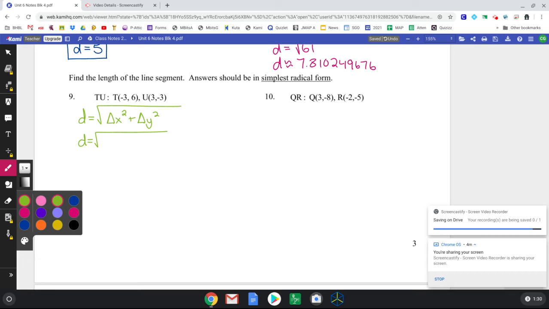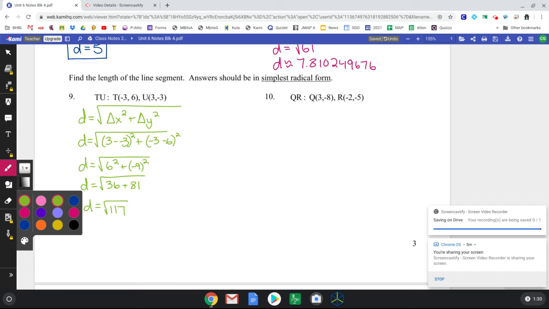Plugging my numbers in, I've got 3 minus negative 3 squared plus negative 3 minus 6 squared, which is going to leave me with 6 squared plus negative 9 squared. This is the square root of 36 plus 81. And if I add 36 and 81, that's going to give me the square root of 117.